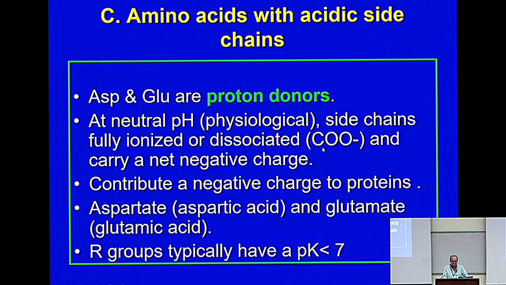For the most part, that carboxylic group will be dissociated in the form of COO minus, hence the negative charge. So under most conditions, specifically around neutral pH, the R group will be negatively charged and will impart a negative charge to that amino acid.